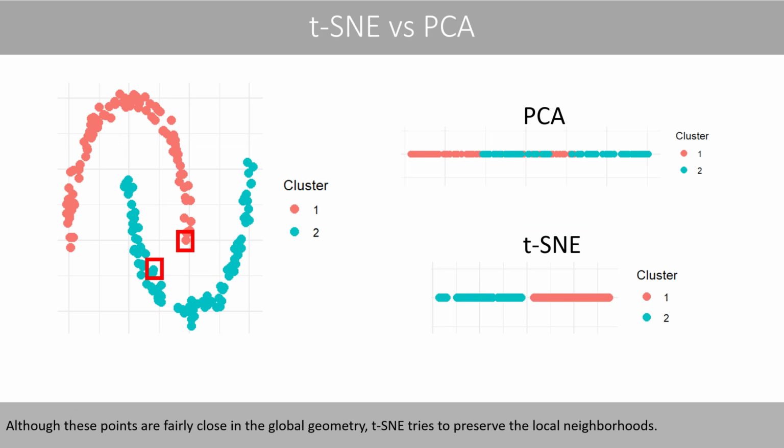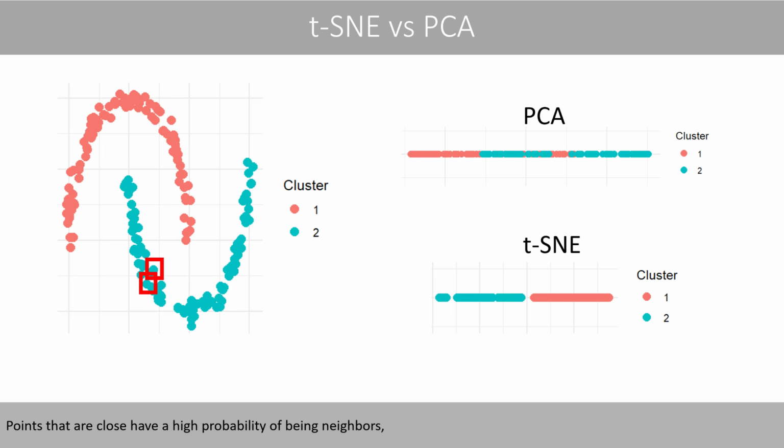All of these points are fairly close in the global geometry. t-SNE tries to preserve the local neighborhoods. Points that are close have a high probability of being neighbors, which means that these points have also a high probability of being neighbors, and so forth.